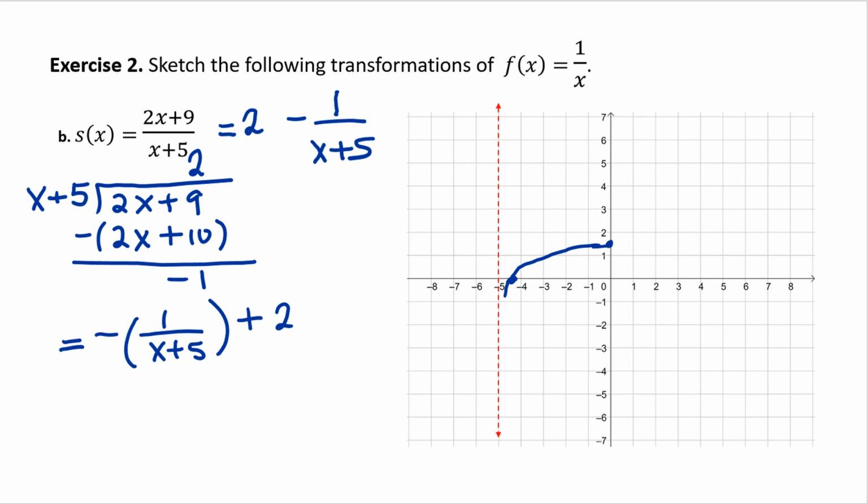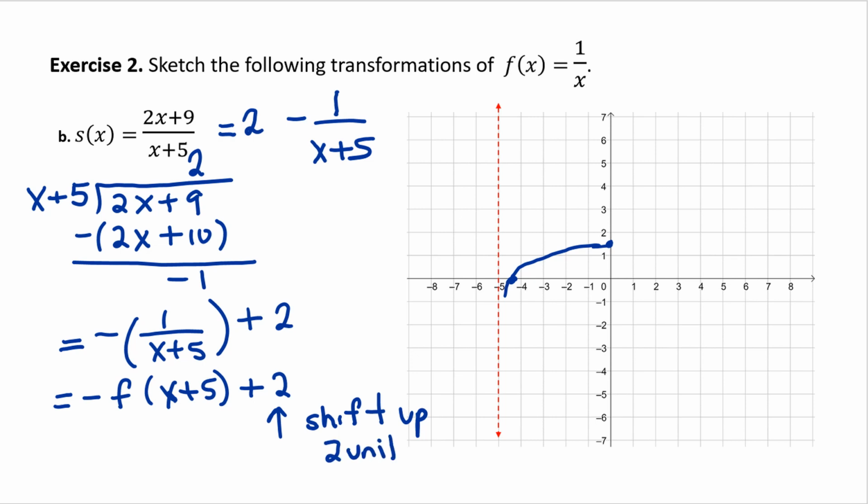Couple of things we see right away, but let's go ahead and again write this as a transformation of f of x. This is actually negative f of x plus 5, which jives with the fact that we got a vertical asymptote at -5, plus 2. That plus 2 tells us we shift up 2 units.